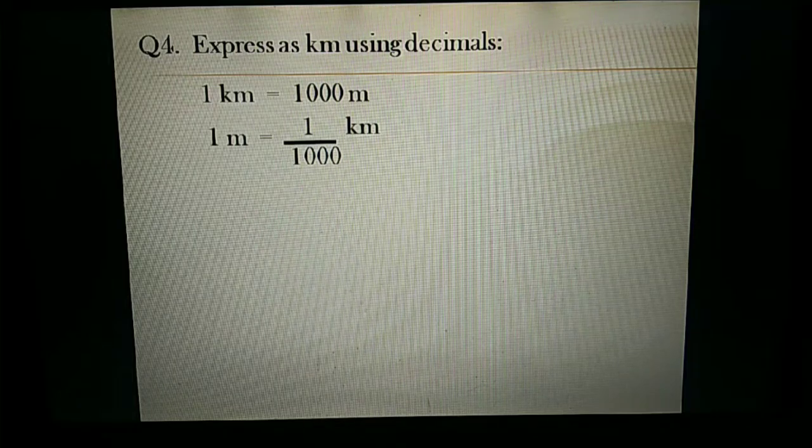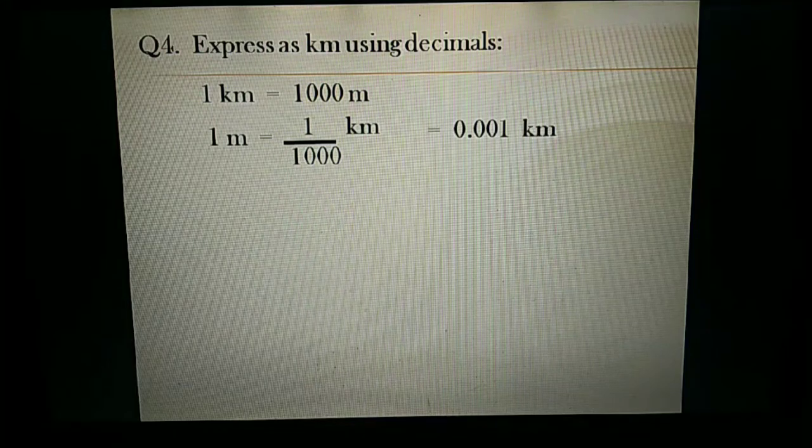Now there are 3 zeros in the denominator. So we will put a point after 3 digits from right. But there is only one digit in the numerator. To make it 3, we will put 0 to the left. And the answer will be 0.001 kilometer.